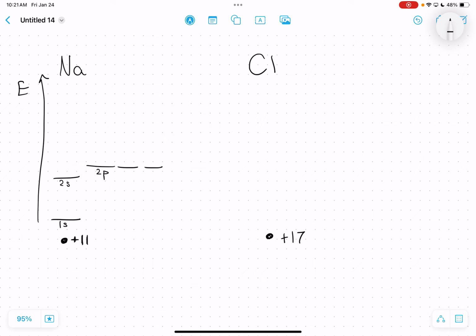We also want to remember that the closer to the nucleus equals lower in energy. So just like I talked about with gravity, if the pen is up here, it's high in potential energy. This is like 8th grade physical science. This is high potential energy.